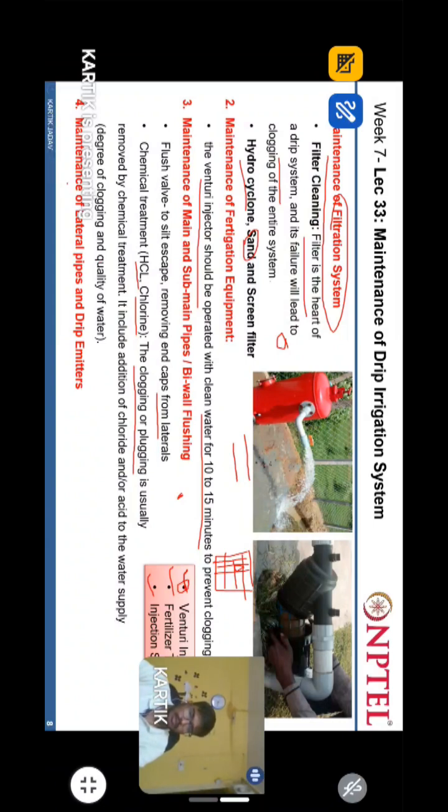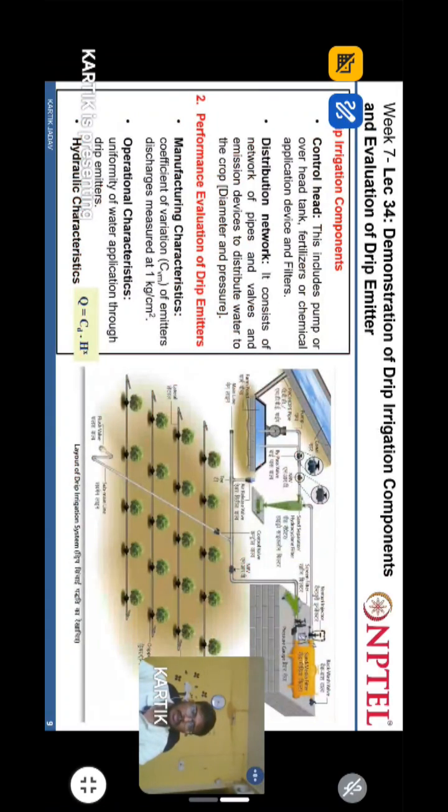Next, the final component of the drip irrigation system is the drip emitter, which is laid on laterals. The lateral pipes as well as drip emitters, we also showed in lecture 34.